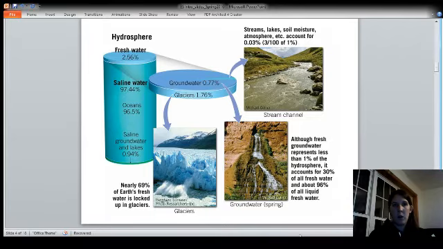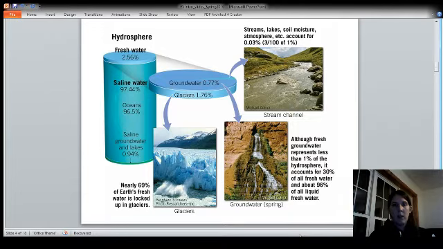Saline water, such as oceans and saline groundwater, and salt lakes like the Great Salt Lake, makes up almost 97.5% of all the water on Earth. So the vast majority of water on Earth is saline water and is unsuitable for human consumption. Saline groundwater and lakes make up almost 1% of Earth's total water. So when we talk about fresh water, like I said, it's about 2.5%.